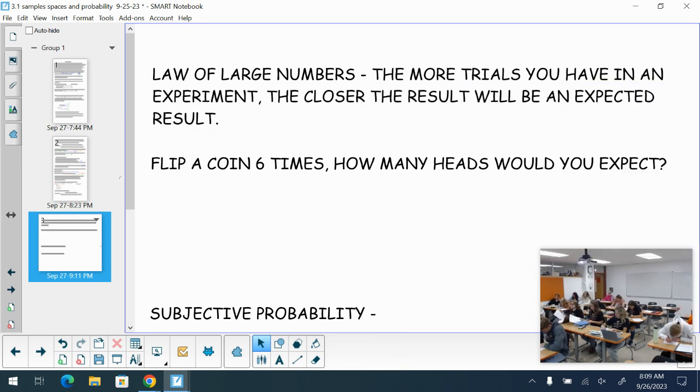The law of large numbers states: the more trials you have of an experiment, the closer the results will be to the expected results. The more trials you have, the better chance you have of getting what is expected.